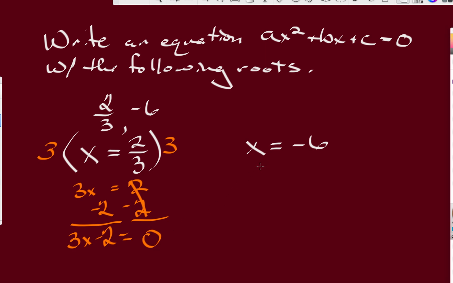Well, this one in reverse is super simple, right? Watch this one. All I have to do is get rid of this. Well, that cancels and gives me the 0 that I want. x plus 6. I am done. Okay?